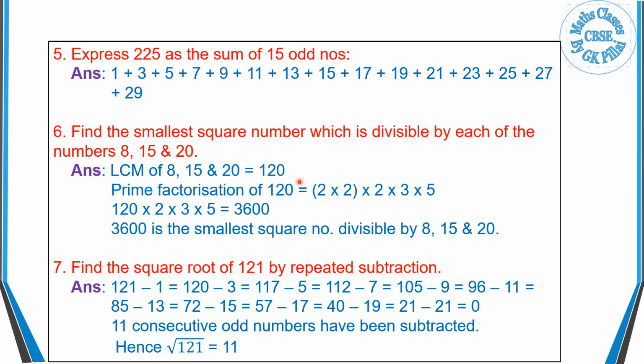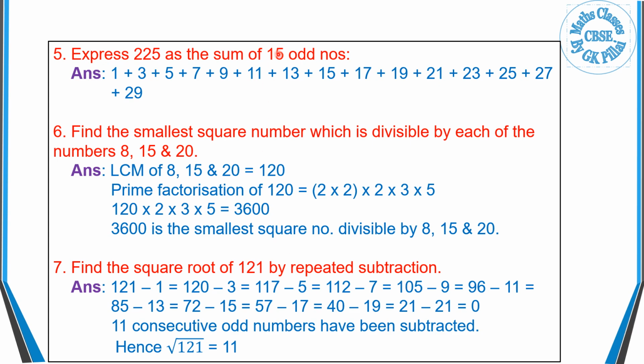So we will multiply 120 by another 2, another 3 and another 5. So you will get 3600, and this is the smallest square number divisible by 8, 15 as well as 20. Now it's also another sum identical to this one. Find the square root of 121 by repeated subtraction.